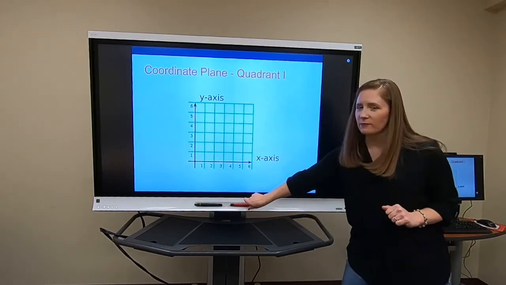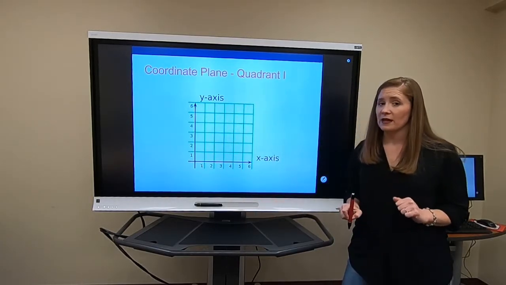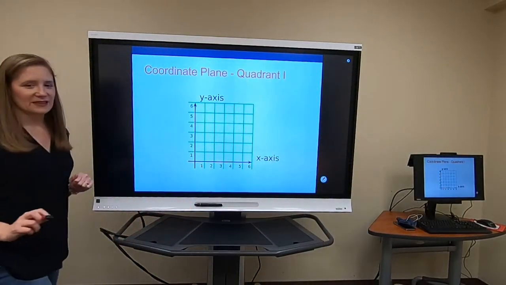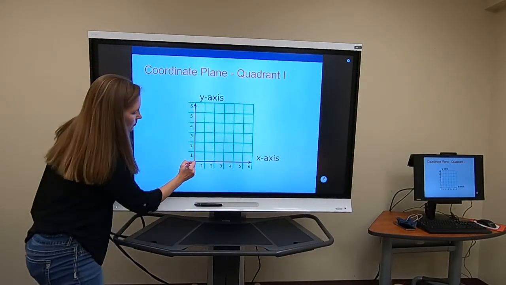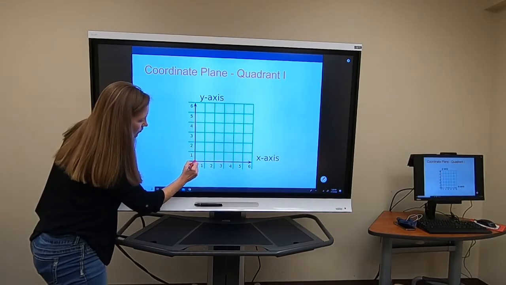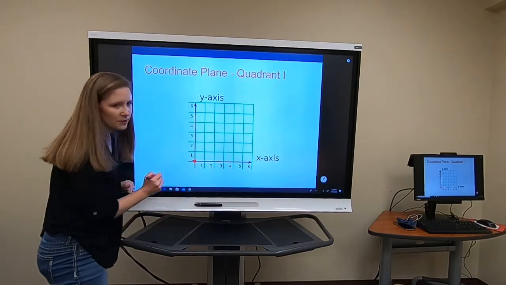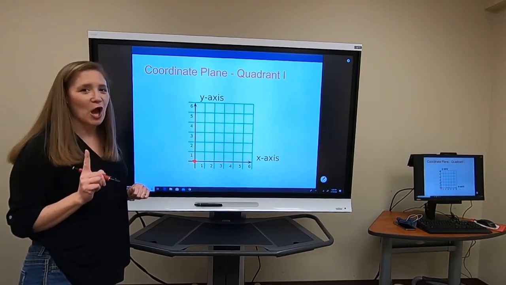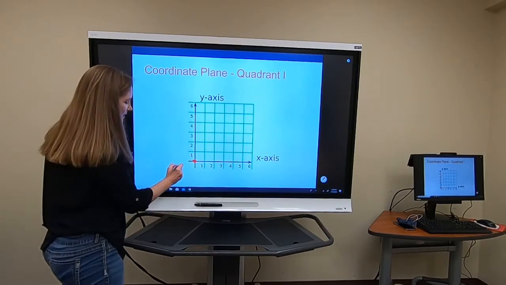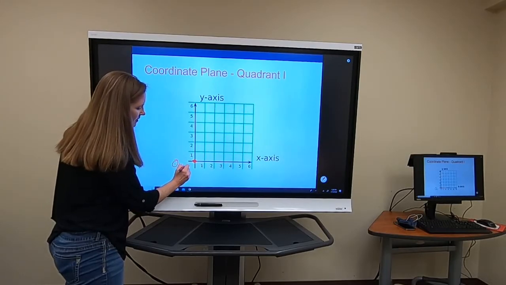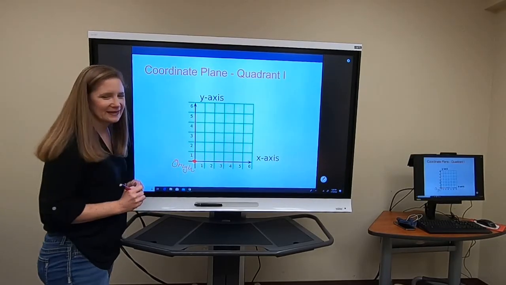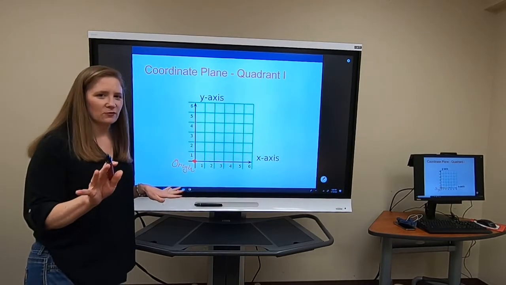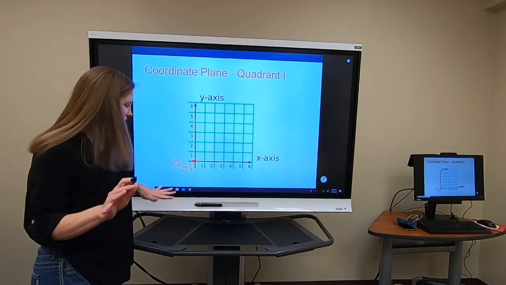You probably also labeled something that is essential, which is this point right here. Does anyone know what that's called? Okay, I hope a few of you remembered, because it is called the origin. Did y'all all see origin?